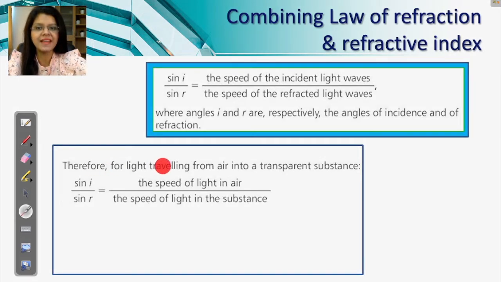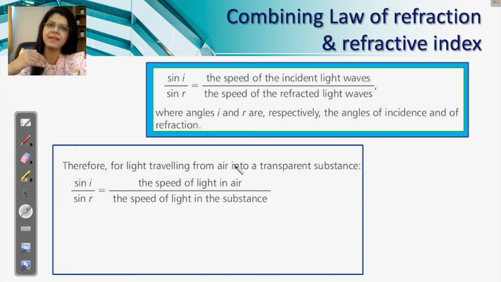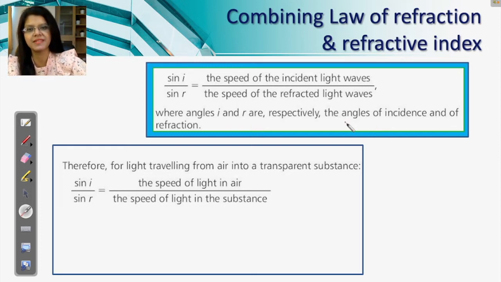So for the light traveling from air into the transparent medium. If the light is coming from the air, that means the incident ray is in the air, right? And it is entering into a transparent medium. So let us understand what is happening here.